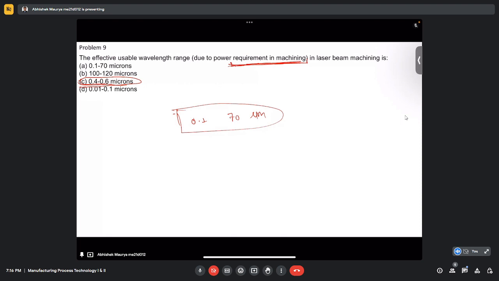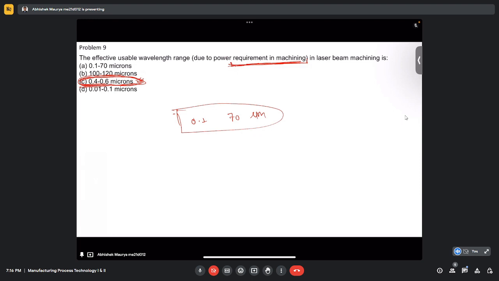It has been found practically that this range satisfies both conditions, where it has sufficient power to remove the material as well as getting absorbed by the material. So yes, it is a memory-based answer. The correct answer is 0.4 to 0.6 microns.